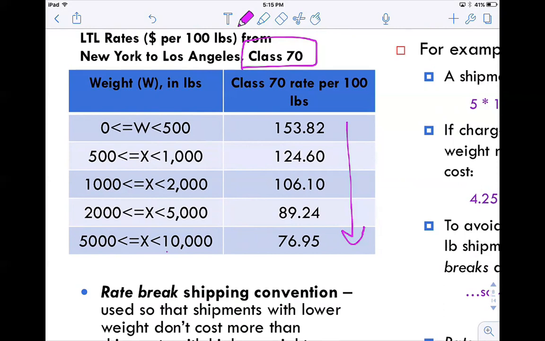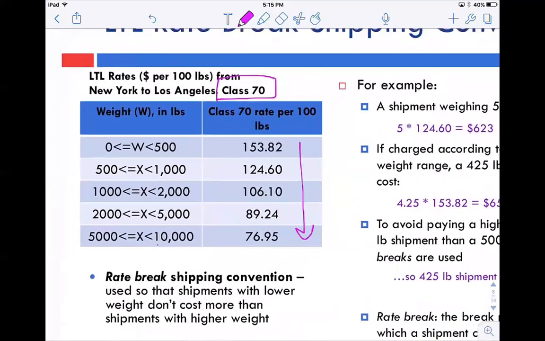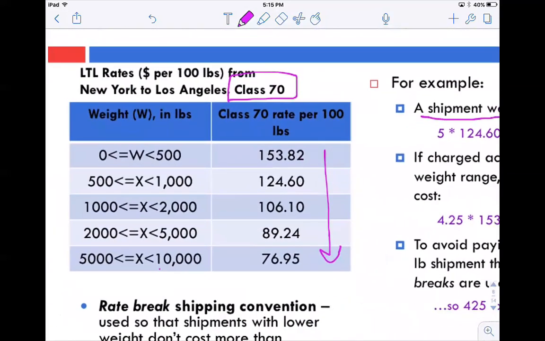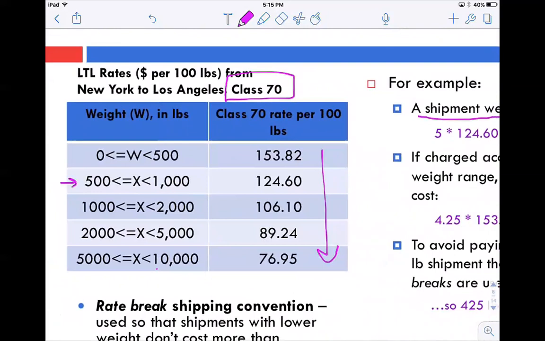So let's take a look at how much it is costing me to send certain shipments. For example, I already did some pre-calculations. Let's assume that I am going to ship 500 pounds. So how much does that cost me? 500 pounds falls into the second category.